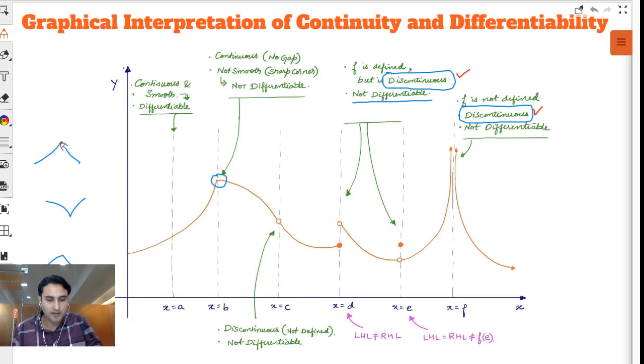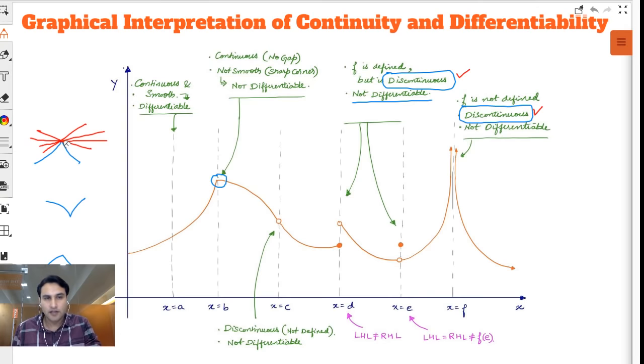And some of you ask me, why is the graph not differentiable at a sharp corner? Very simple explanation. Look at this line. This line just touches this point here, but this line also just touches this point here. So does this line. So do you realize I can make infinite lines which just touch this sharp corner point.